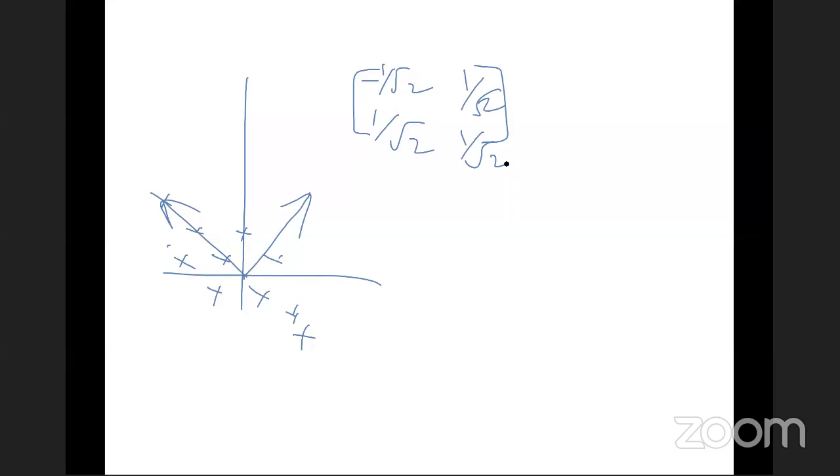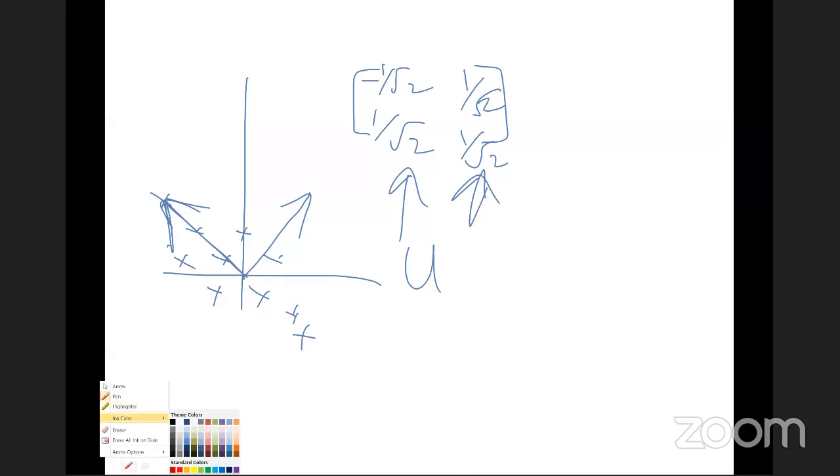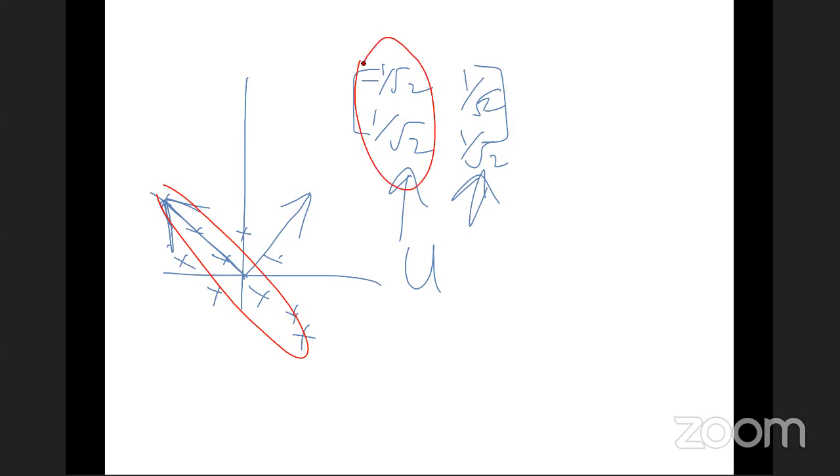So they are unit norm, and if you take the dot product of this and this, it will be 0. So this is your U matrix. This is your major direction, in color red, and the major direction is your first principal component, the first eigenvector.